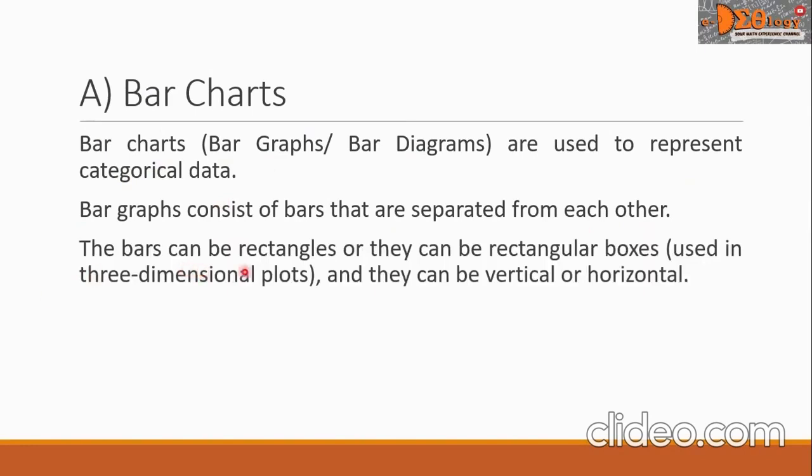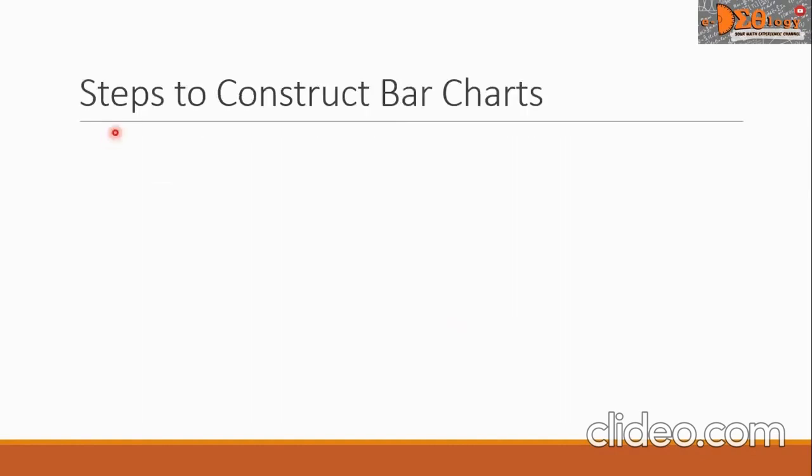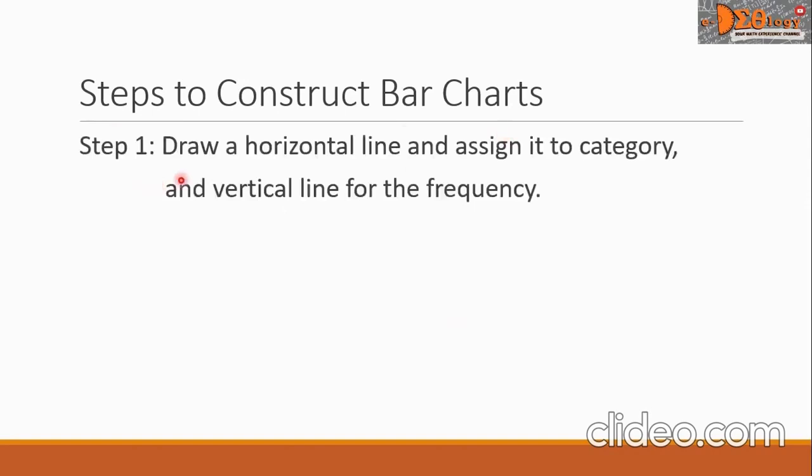The bars can be rectangles or they can be rectangular boxes used in three-dimensional plots, and they can be vertical or horizontal. These are steps to construct bar charts. Step 1.